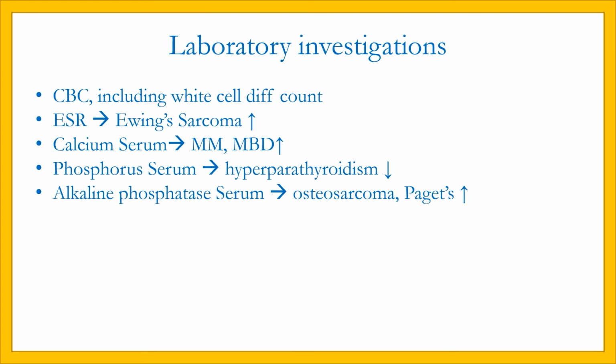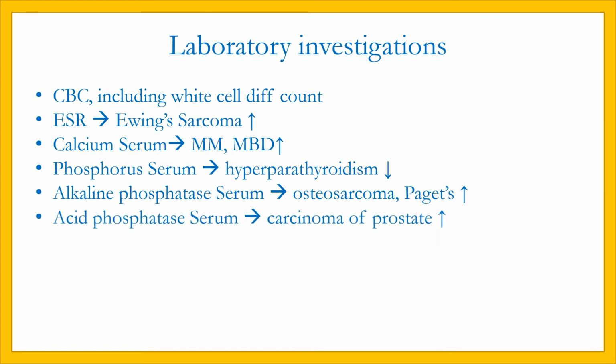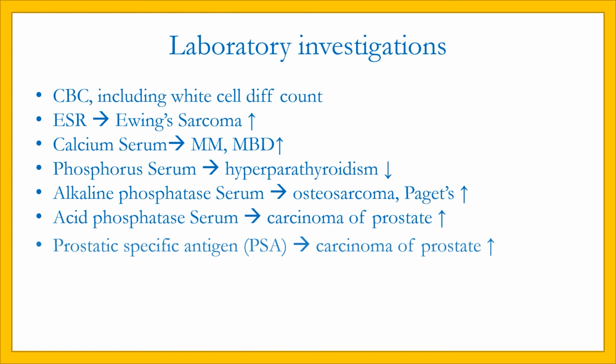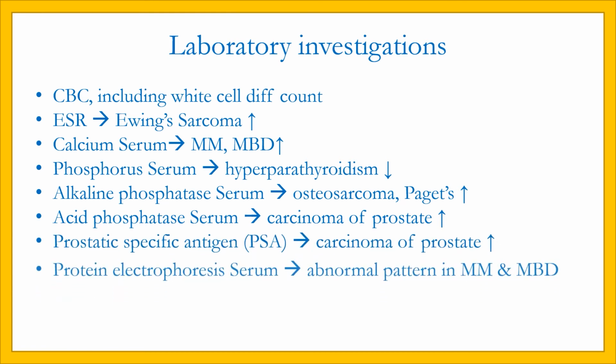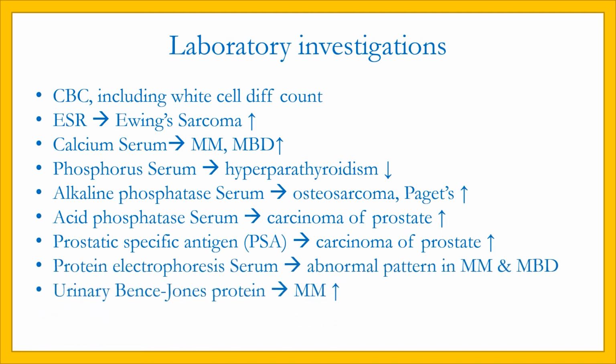In carcinoma of the prostate, the serum acid phosphatase level is high, and the prostatic specific antigen, or PSA, level is high. There is an abnormal protein pattern in multiple myeloma and metastatic bone disease. In multiple myeloma, the urinary Bence-Jones protein level is high.